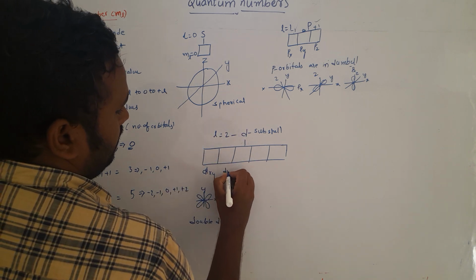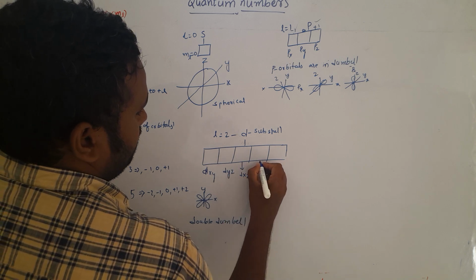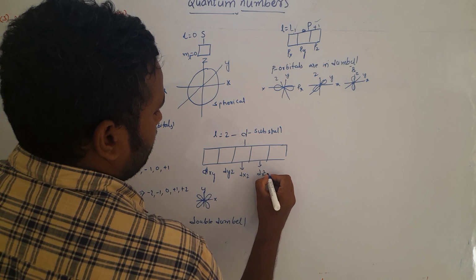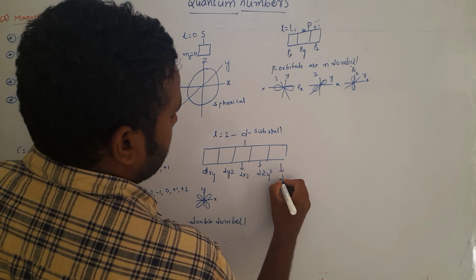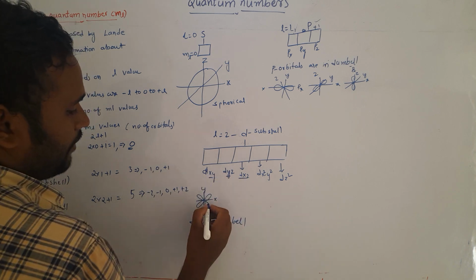So this is dyz, dxz, dx square minus y square, and this is dz square. Here dxy, dyz, dxz have the same shape.